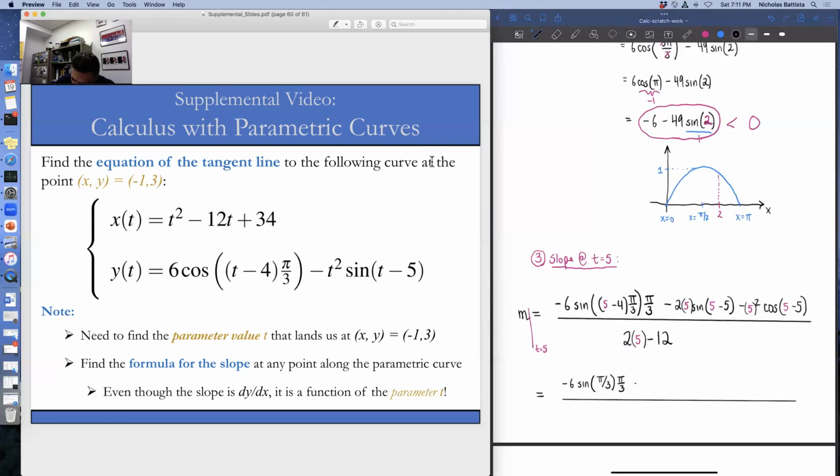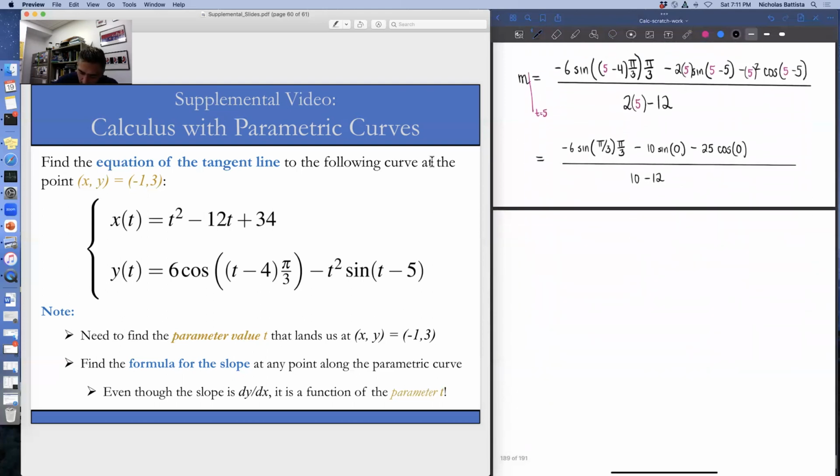We have minus 2 times 5 is 10 times sine of 5 minus 5, which is a 0. Next, we have minus 5 squared, which is 25, times the cosine of 0. All right, that takes care of the numerator. In the denominator, we have 2 times 5 is 10, minus 12, which is something we can compute fairly easily.